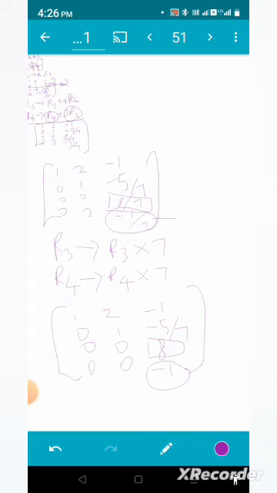For this I choose R3. R3 gives R3 divided by 8. Because this creates 1, we can change this 0 easily. So first I create this 8 like 1. I create 8 as a 1. For this I choose R3 gives R3 divided by 8.